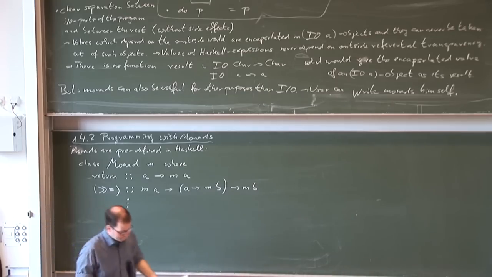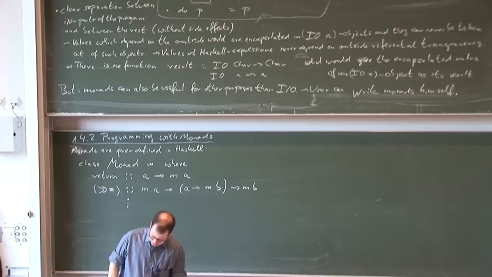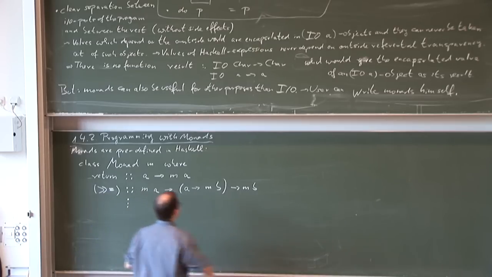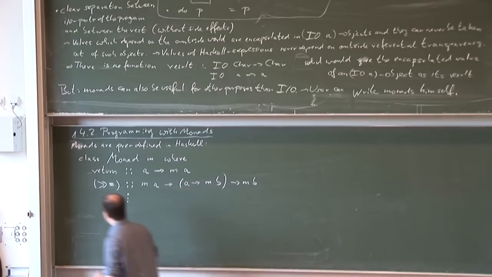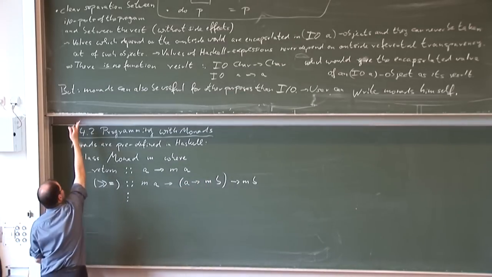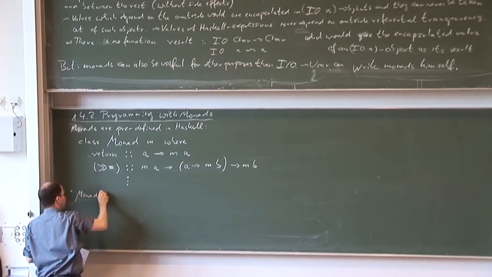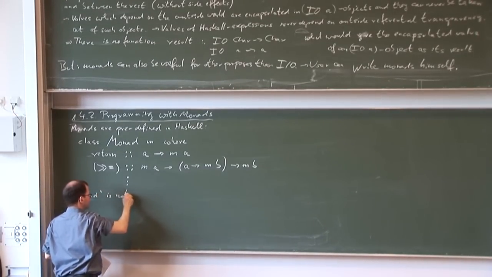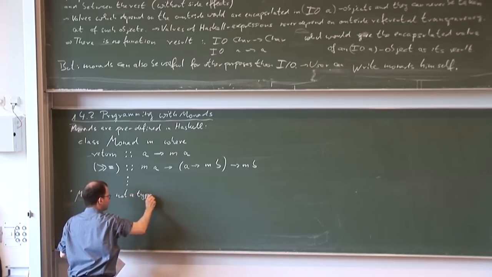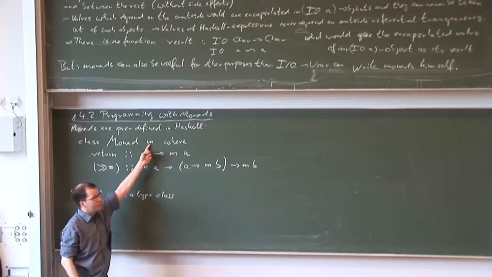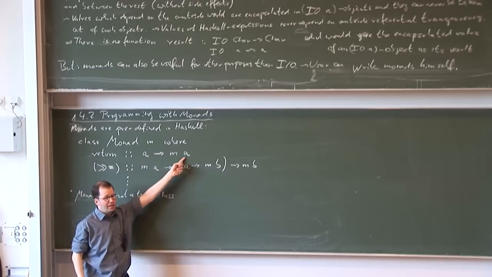When you look at this closely, you can see that monad is not a type class as we had it before, because this M here is not a type. MA is a type.